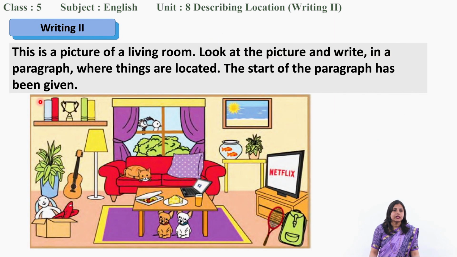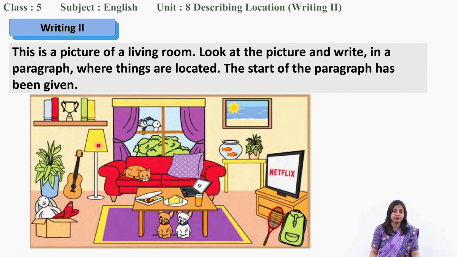You see, this is a picture of a living room. Look at the picture and write in a paragraph where things are located. The start of the paragraph has been given. Here is the picture of a room. Which room is this? Yes, exactly. It is living room. It's already given here, right?